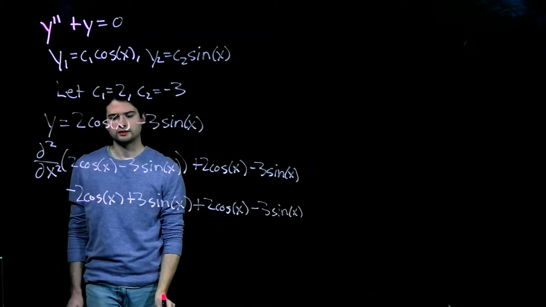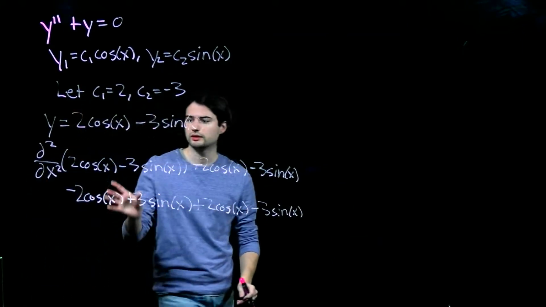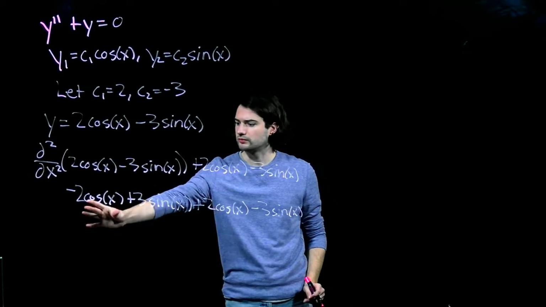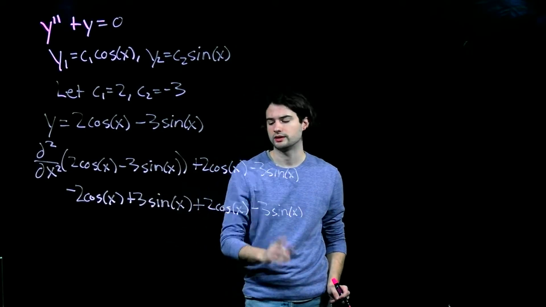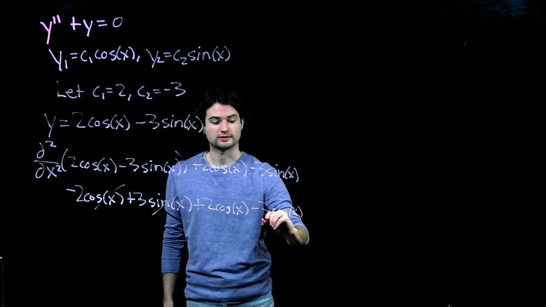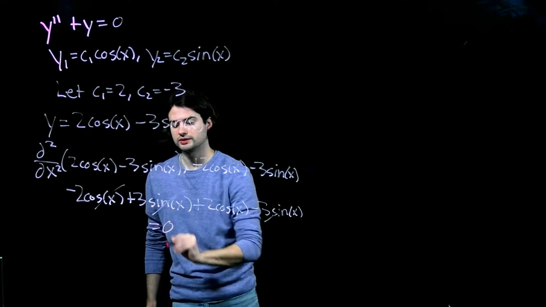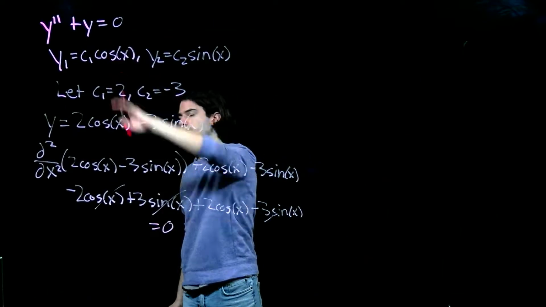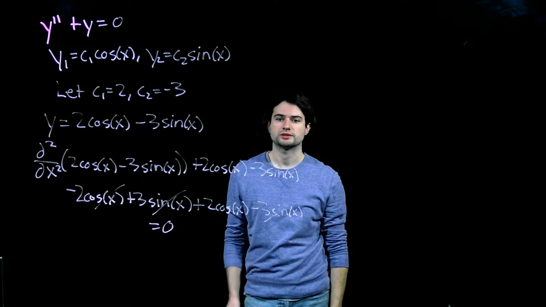So what we see here is that our cosines will cancel out and our sines will cancel out down here. So cosines cancel, sines cancel. So this is equal to 0.